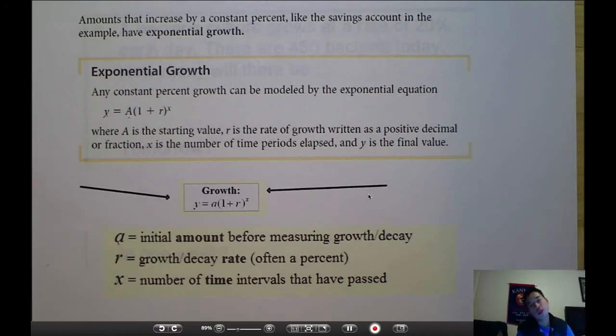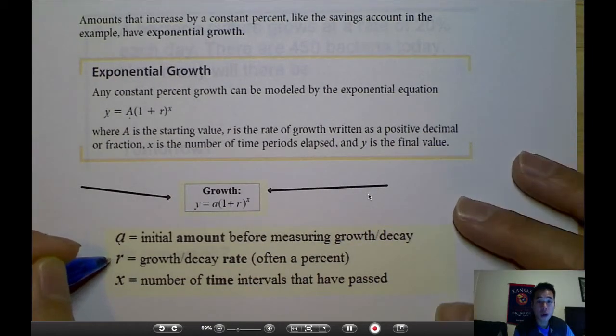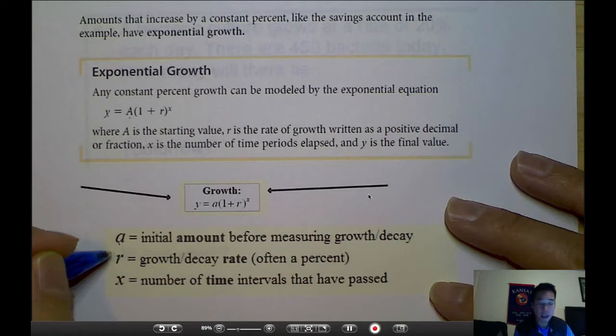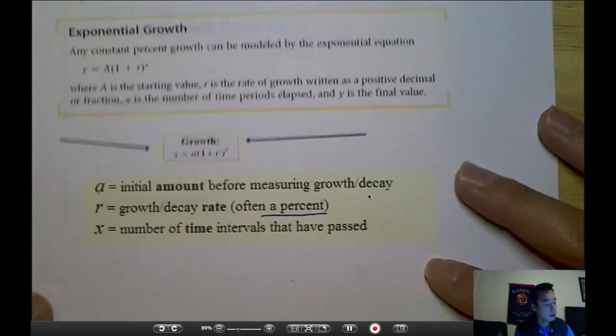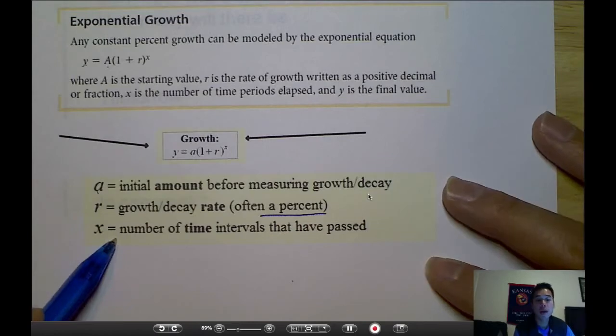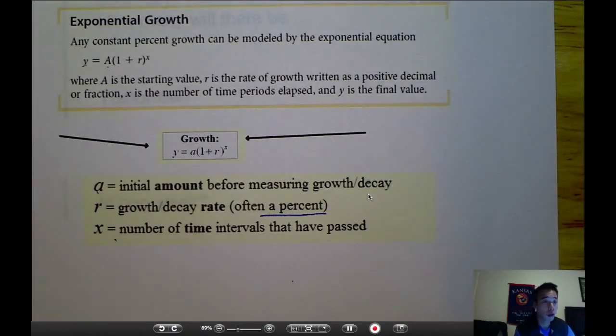Sometimes we'll have to figure out the initial value by undoing our function. Next we have r. R will always stand for growth rate or decay, and it will always be a percent. And then x is how much time has passed for your model to either grow or decay.